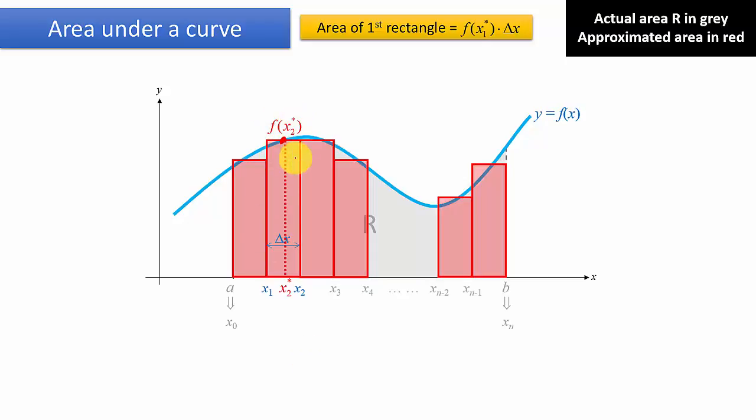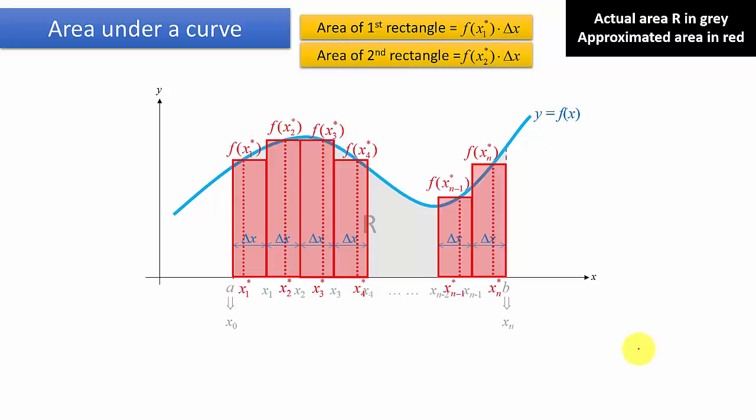Hence for this second rectangle, the width of the rectangle is delta x and the height is f(x2 star). So area of the second rectangle is the height multiplied by the width. So if this goes on, we can actually find the area of each rectangle.